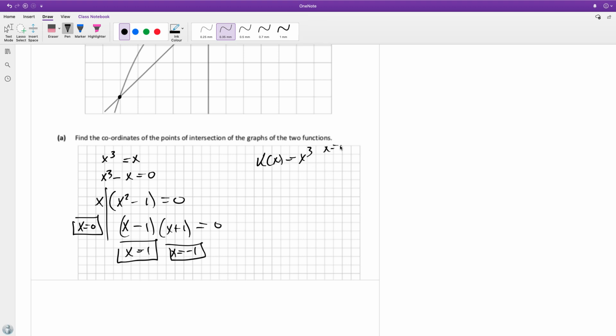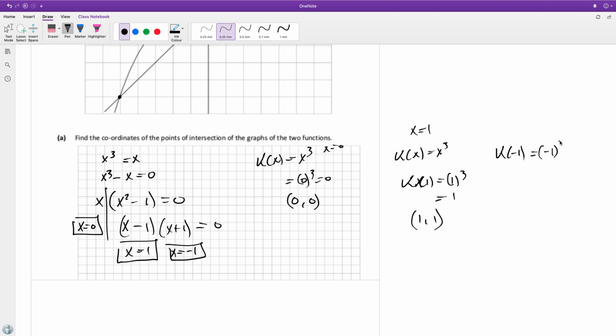When x is equal to 0, it's 0 cubed is equal to 0, so it's 0, 0. K of 1 is equal to 1 cubed, which is 1, so that's the point 1, 1. And when x is equal to minus 1, it's minus 1 cubed, which is minus 1. That's the point minus 1, minus 1. Apologies.